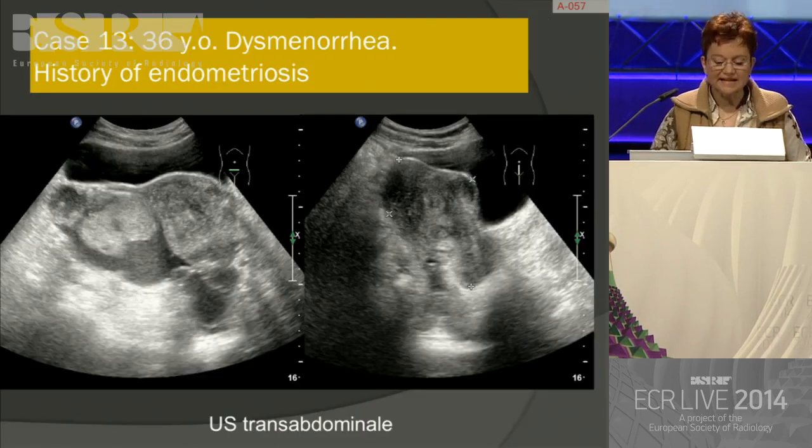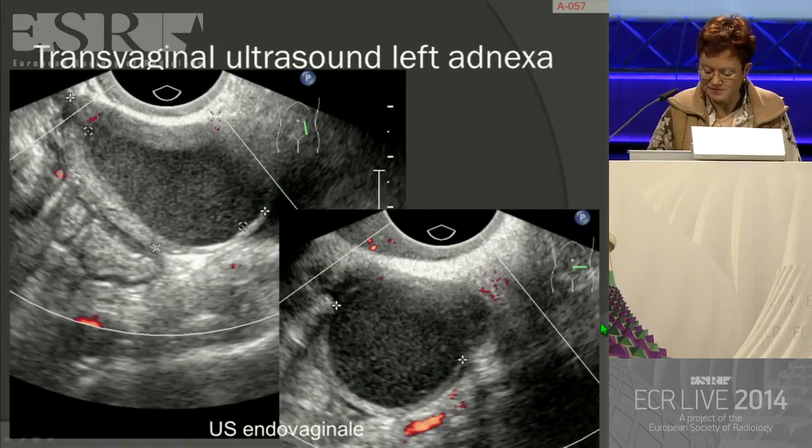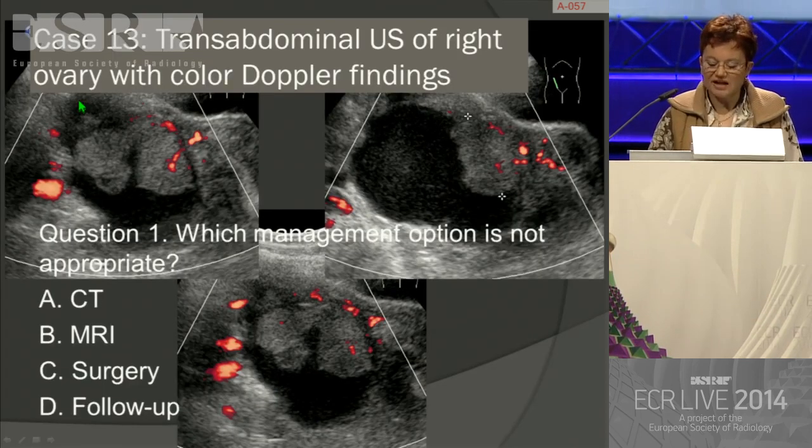Now let's go to the last case. This is a 36-year-old patient, again with dysmenorrhea and a history of endometriosis. These are transabdominal images. Again, axial on the right side. Here you have a transvaginal of the left ovary. And here you have the color Doppler findings of the right ovary.